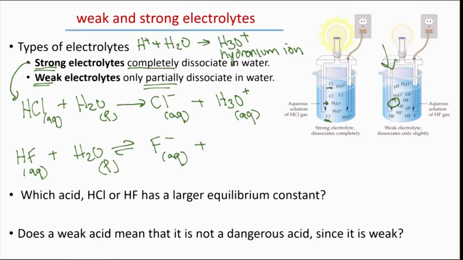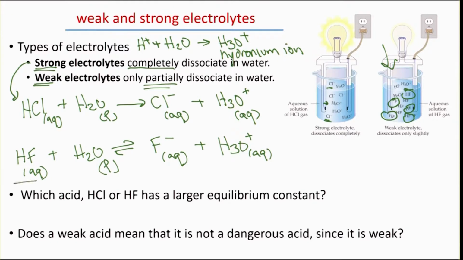It forms H plus. H plus would join with the water, so we see some hydronium. You see the hydronium right here, but you also see mostly a lot of molecular HF molecules.